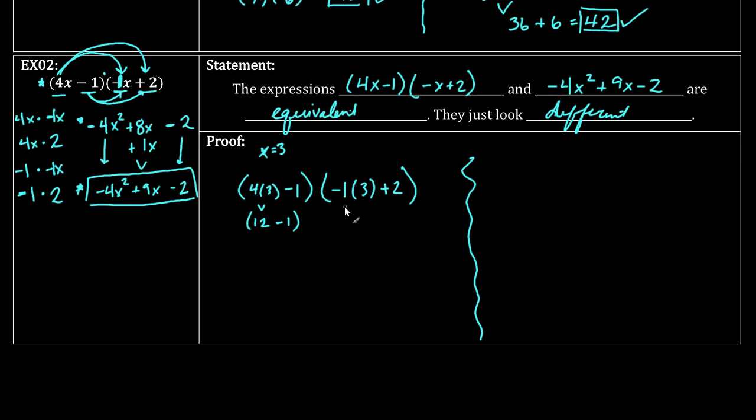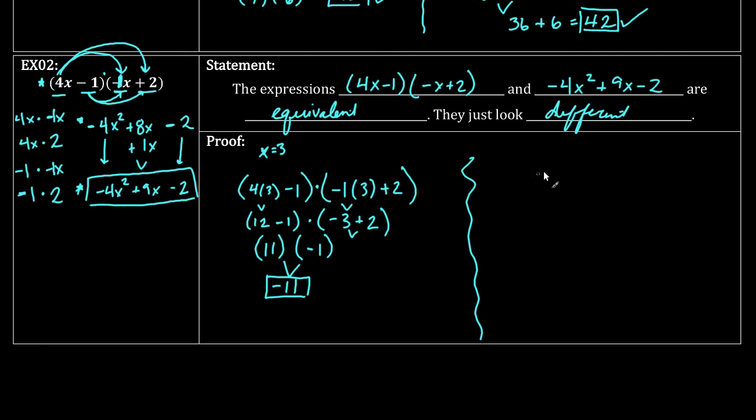A negative times a positive is a negative. I'm not done with this set of parentheses, and I can't drop the parentheses because I have not multiplied yet. 12 minus 1 is 11 times negative 3 plus 2. There's one more negative. 11 times negative 1 is negative 11.